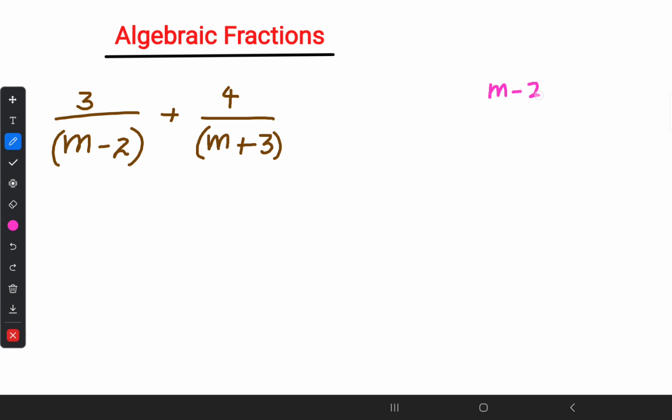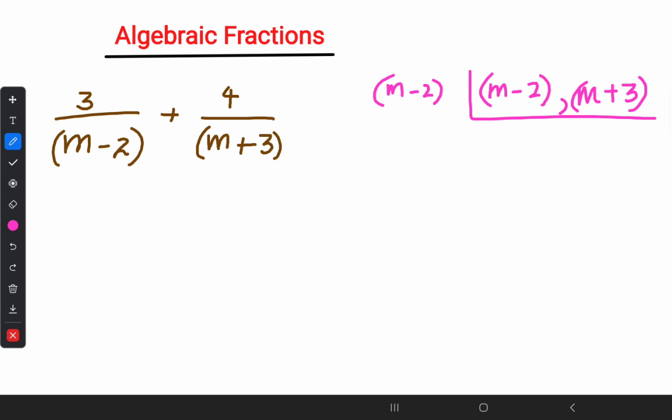So m minus 2, comma, m plus 3. You should operate with long division. First, I will divide by m minus 2. As usual, how do we find the LCM? Here, you operate with these algebraic expressions. That is the only difference.